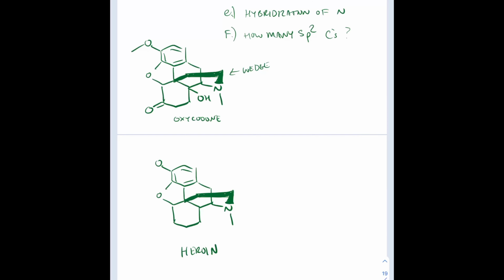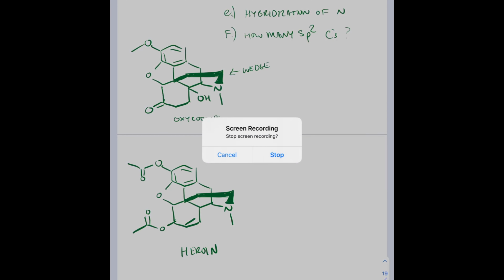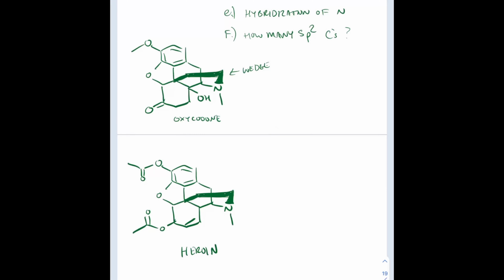It doesn't have that there either, but it's still got that basic skeletal structure there, and it's got a carbonyl group here, and this is the same thing on that side, and it's got a double bond here instead.